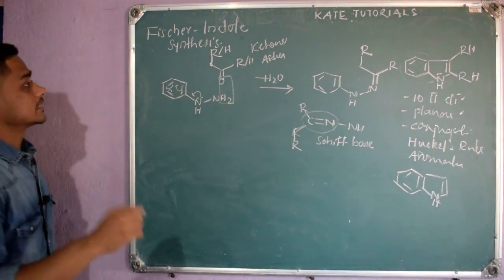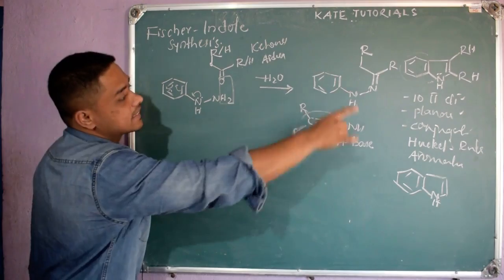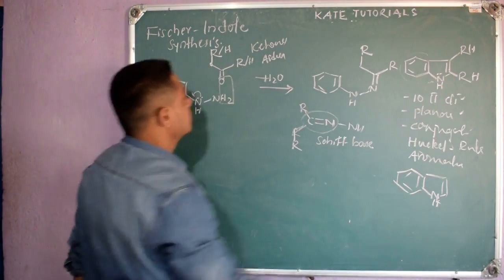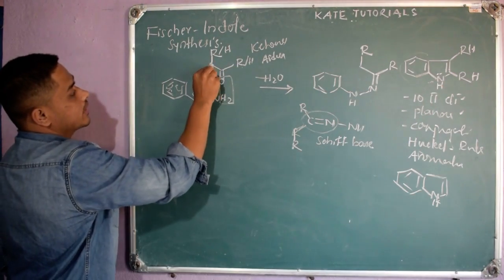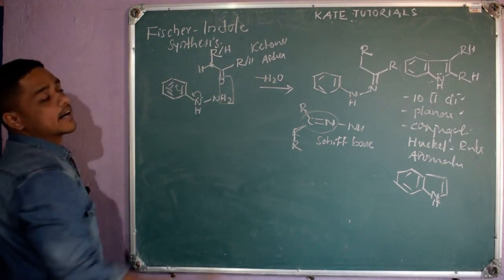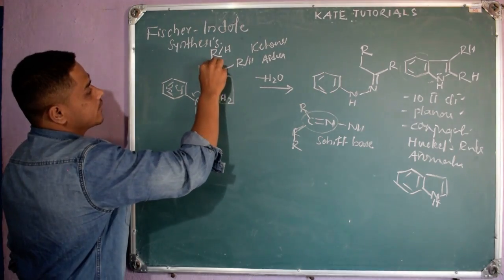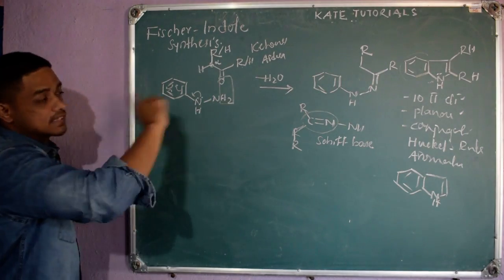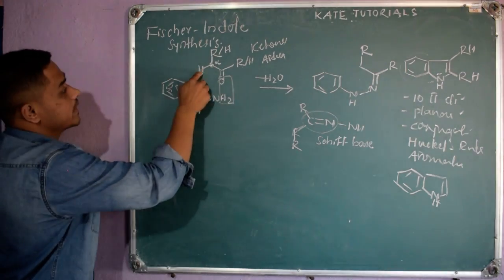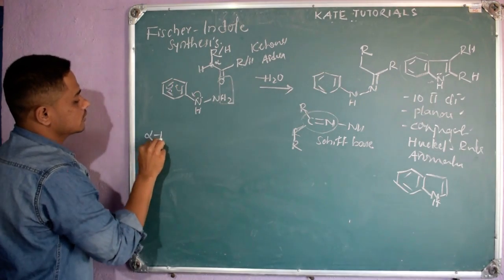One point. The second point is, for this reaction to happen, that is to form this indole, there should be a carbon which contains hydrogen, right? So if you see C double bond O is there, so this carbon is called the alpha carbon. For this reaction to happen, there should be alpha hydrogen.